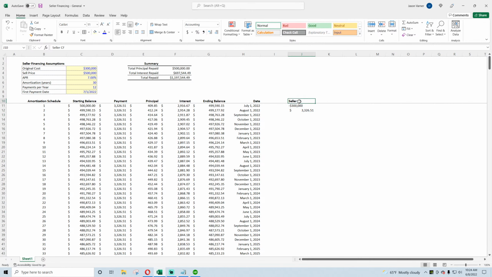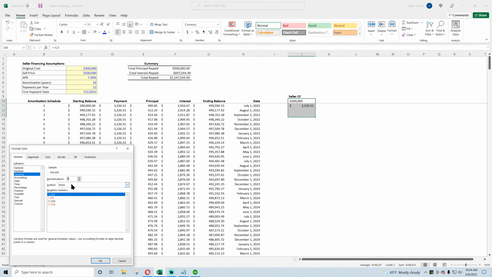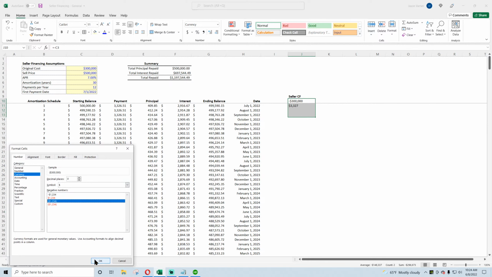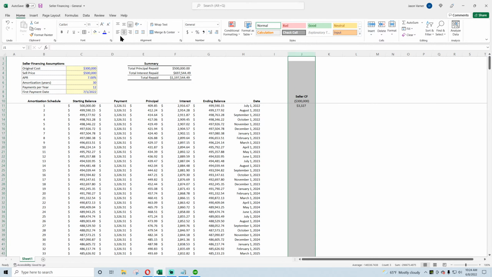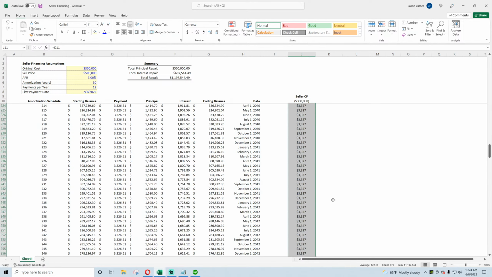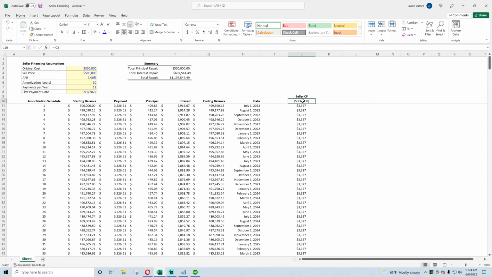Let's move this up one. I'll format this all as currency here. Okay. So this is the monthly cash flow. You purchased it, and now you're doing seller financing.